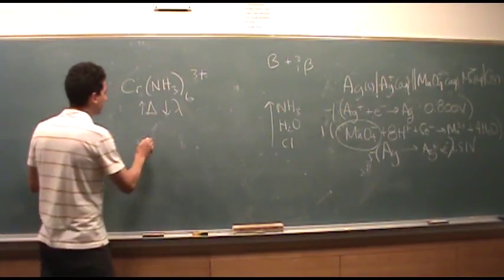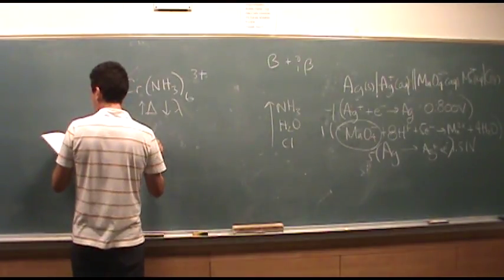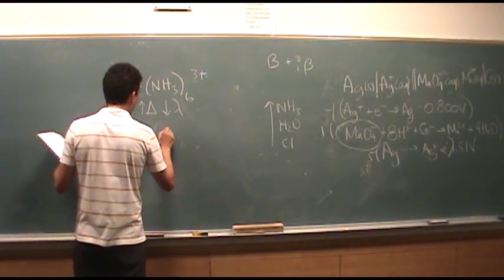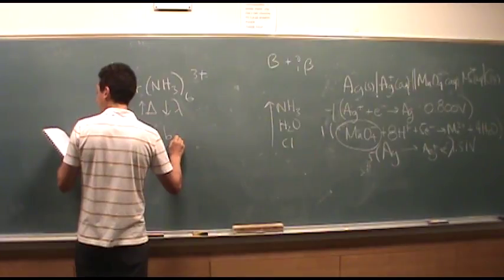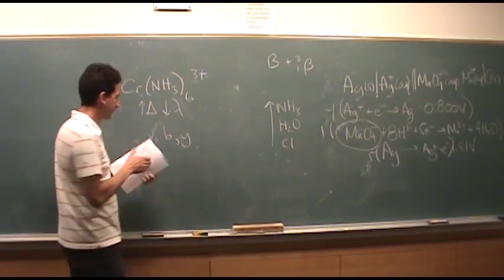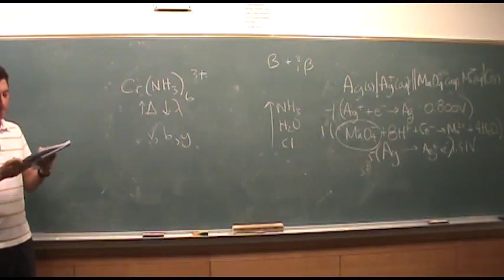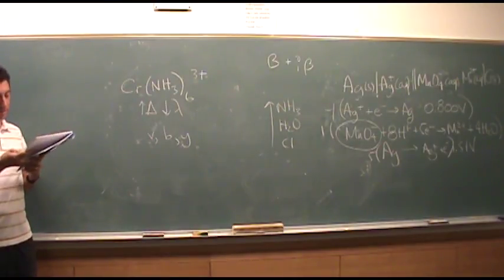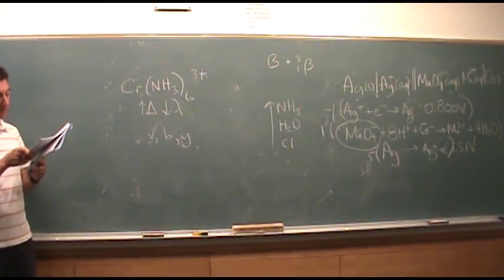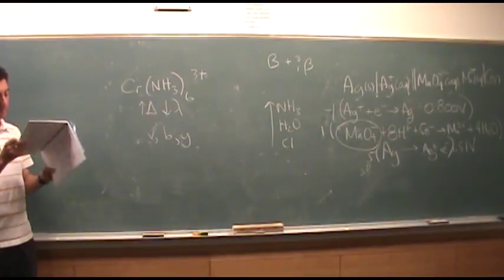We've got violet, blue, I'll just put B for blue, and yellow. Blue, green, and yellow. That'll be the lowest lambda.